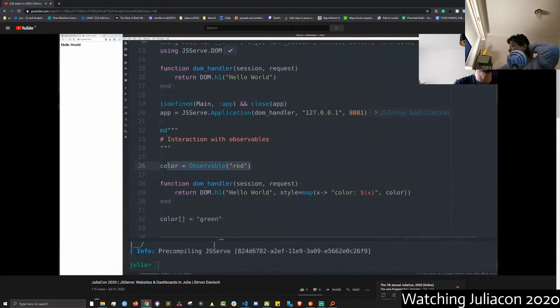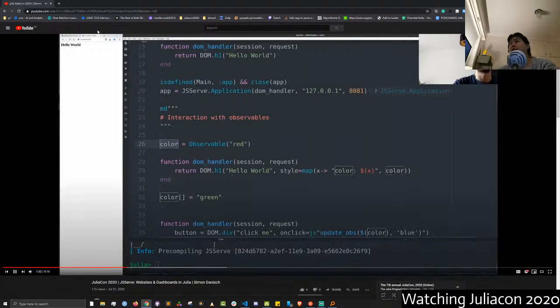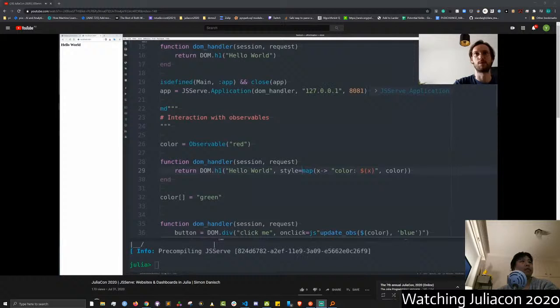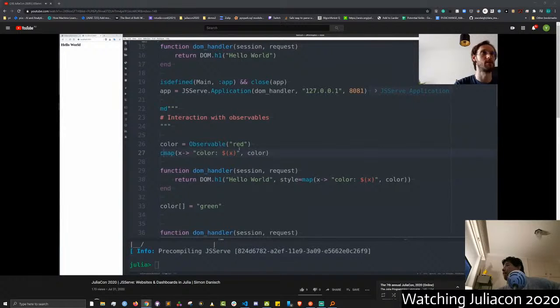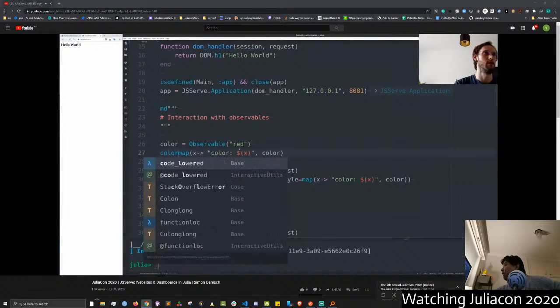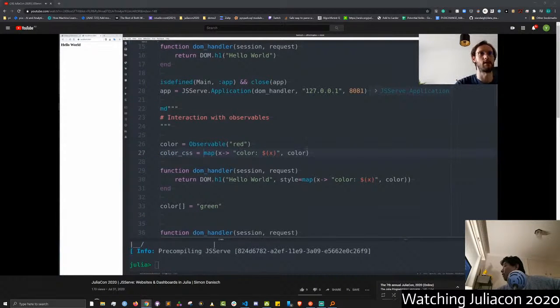Could create this observable here that creates a color, and one of the main functionalities in observables is that you can map over them and create new state from this. So color CSS, if you map color, every time color updates you want to return this new string. So how does this look? It looks like this.